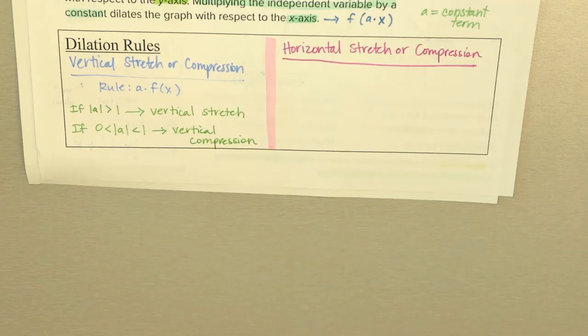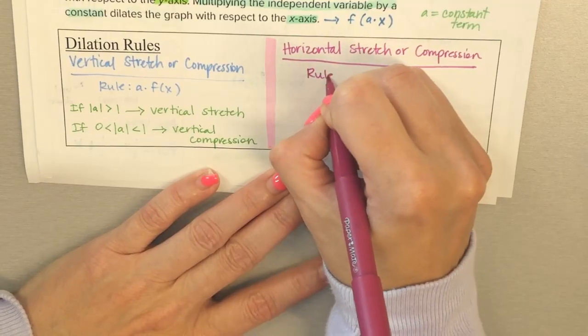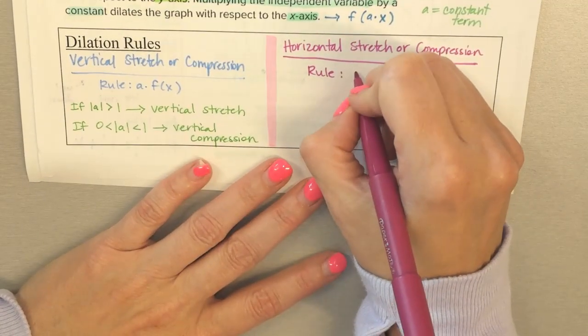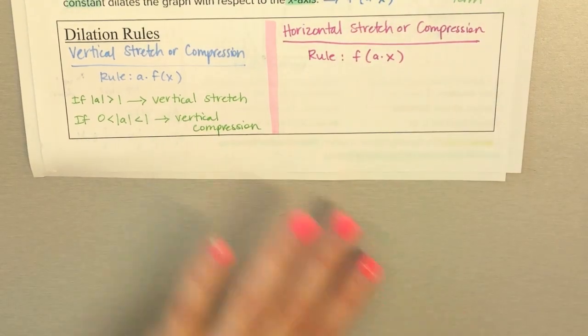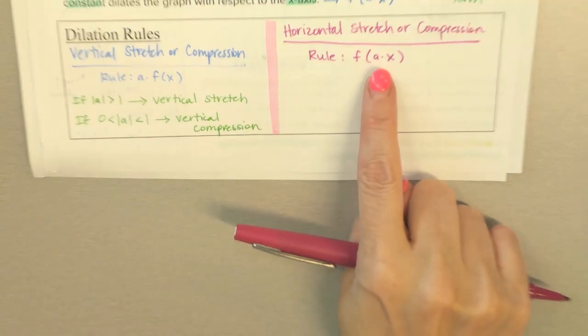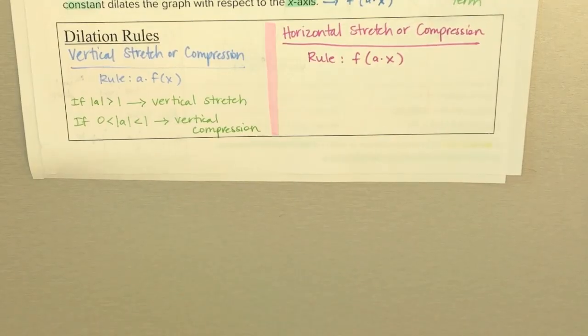Okay, and then if there's a horizontal stretch or compression, the rule is you are multiplying that constant times x, and you're going to see that inside the parentheses. So I always think of this as it's inside the parentheses, this factor is outside the parentheses, and then these rules flip-flop here.